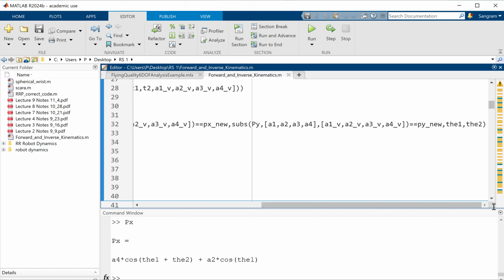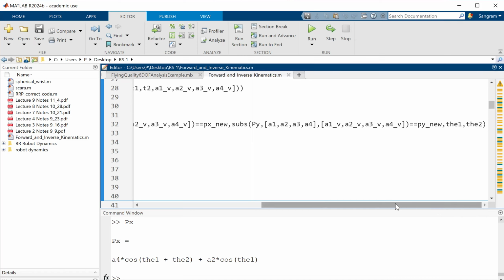Please note, since xz does not include theta 1 and theta 2, you do not need to include that equation while solving this problem. Everyone understood this? Your xz is not dependent on theta 1 or theta 2. That's why I'm just solving two equations and finding the values of theta 1 and theta 2.